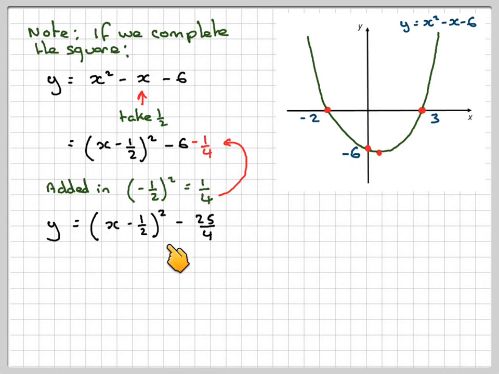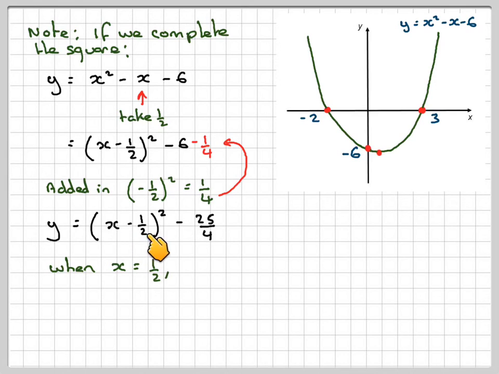Now, the minimum value that this function can take will be when this bit is equal to 0, because for any other value of x we put in here, whether the number is positive or negative, once we square it, it'll be positive. And then if we take this away, the number is going to be bigger. So the lowest that this can ever be is 0, and that happens when x is equal to a half.